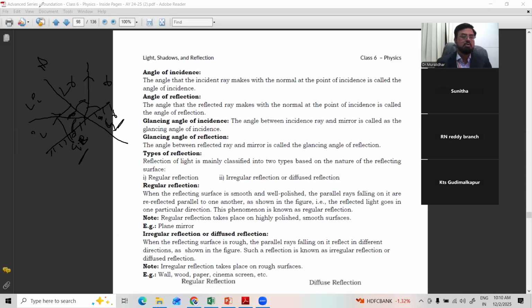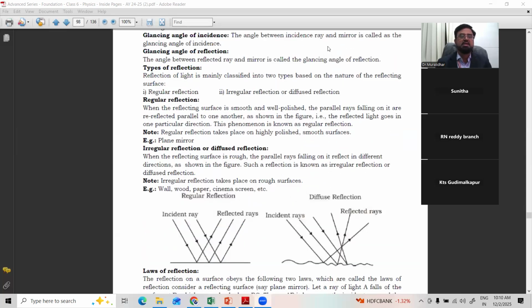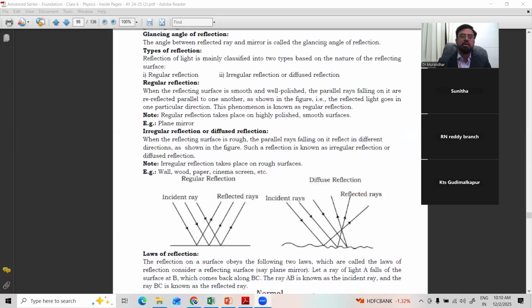Okay. In the last class, we have seen the video also that there are two types of reflections. Either it may be regular reflection or irregular reflection. You can see the figure there. All rays are incident parallel, and even the reflected rays are perfectly parallel, in the upward direction. They are incident rays towards this; see, all are perfectly parallel to each other.